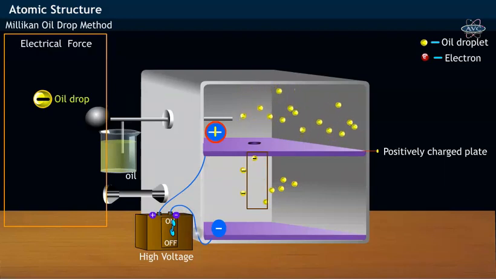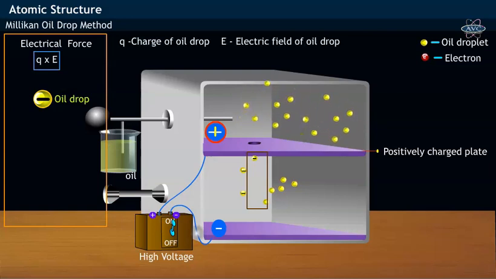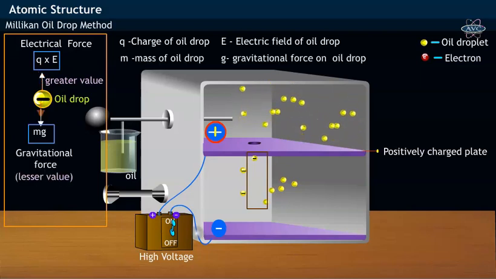This is because the electric force, which is the product of charge and electric field on the oil droplet, or QE, which is pointing upwards, is greater than the gravitational force mg acting in the downward direction.